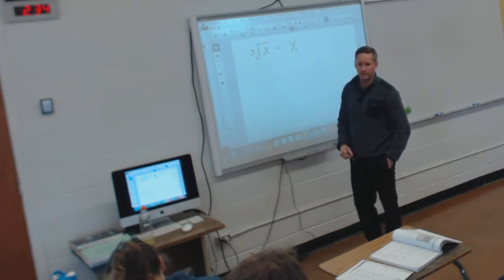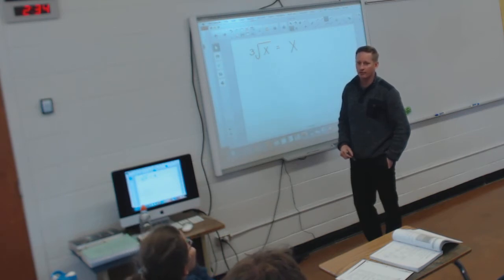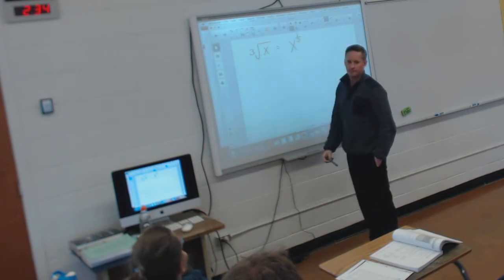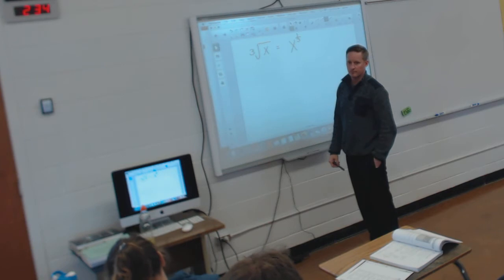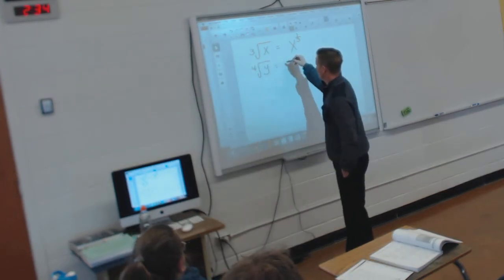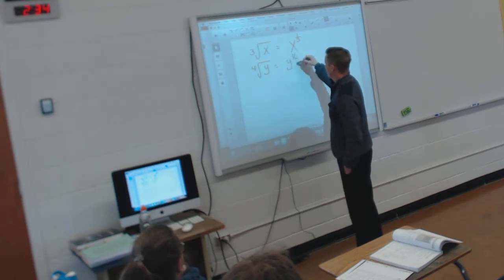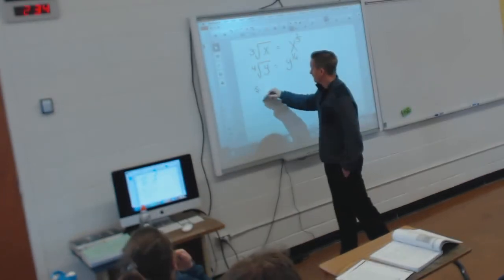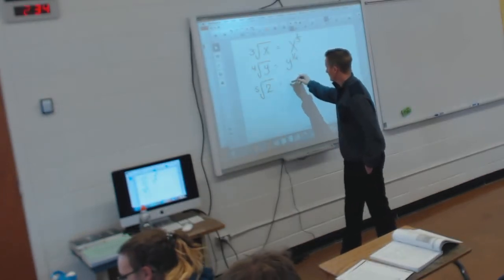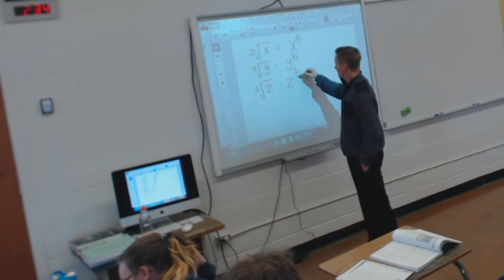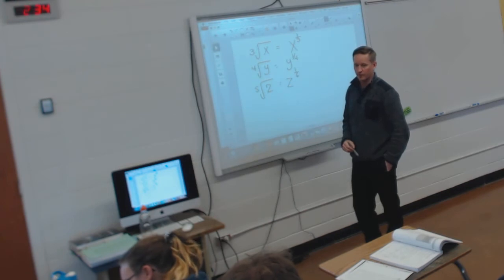What is that as an exponent? 1/2. Square root is 1/2. What's the cube root? 1/3. See a pattern happening there? Yeah, that's it. 1/5. Are you following me? Yes.